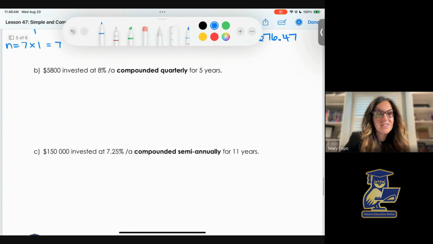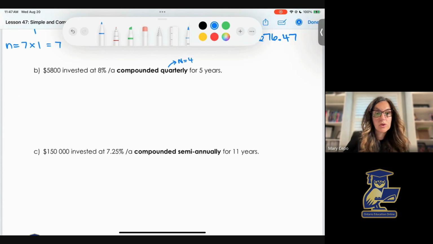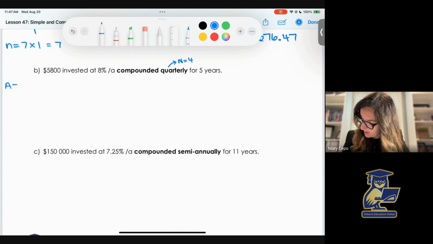Okay, notice it says $5,800 invested at 8% per annum compounded quarterly. So this time we're earning interest 4 times a year. Quarterly means 4, so keep that in mind when calculating the amount, which is what we need to figure out. The principal is how much we are investing, so 5,800. We take the interest rate, 8% divided by 100, 0.08, and divide that by 4.